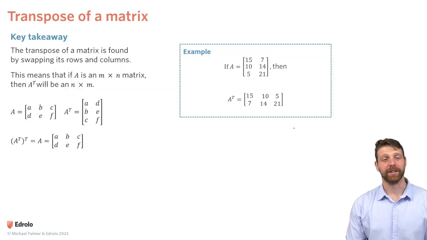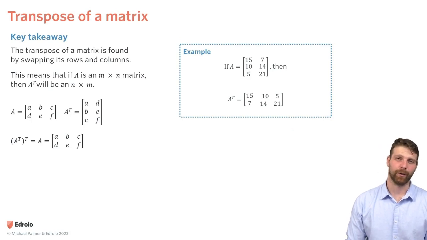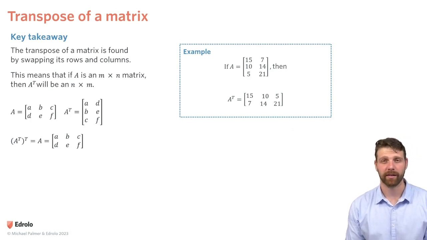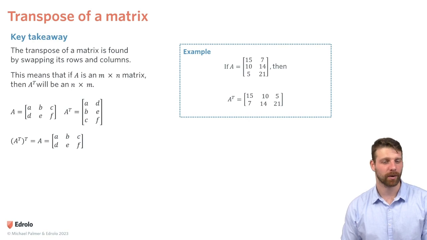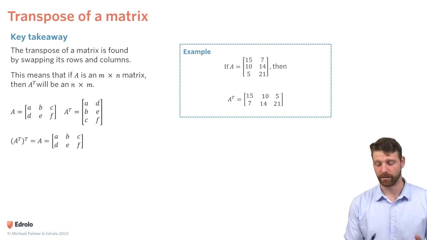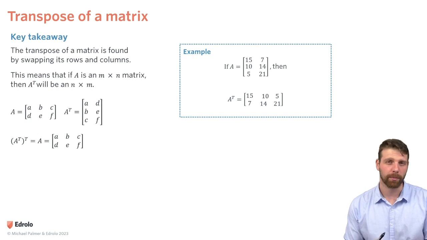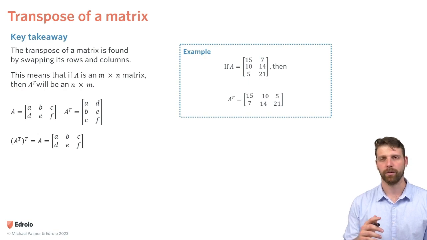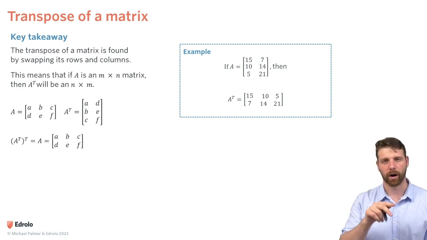Okay, you might be familiar with the word transpose if you play music and you have to change the key of a song or something like that, or you might just know the word anyway. But transpose in mathematics, in terms of matrices, means to swap the rows and columns. So that's really all we're doing. If you have a matrix, then all the rows that you can see need to become the columns in that order.